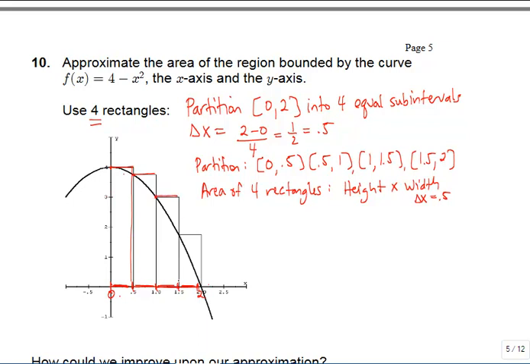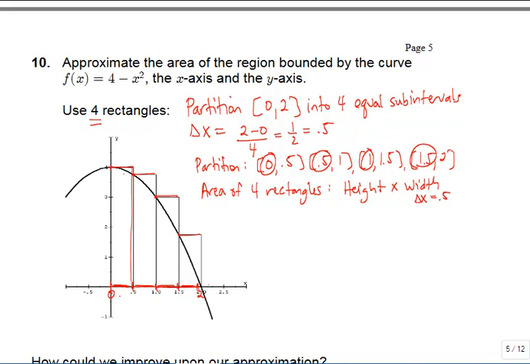And then the last rectangle goes up as high as the function is at 1.5, and then cuts across. So the first rectangle goes up as high as the function is at 0. The second rectangle goes up as high as at 0.5. The third rectangle uses the 1 to tell me how high to go. And the fourth rectangle uses the 1.5 to tell me how high to go.